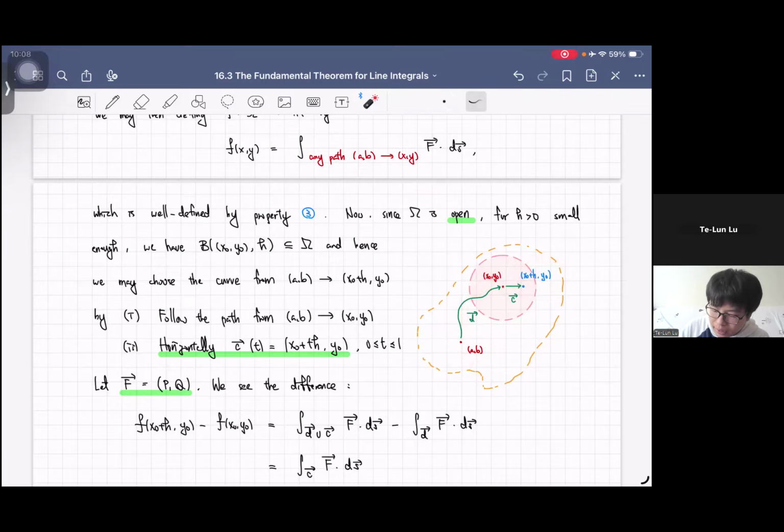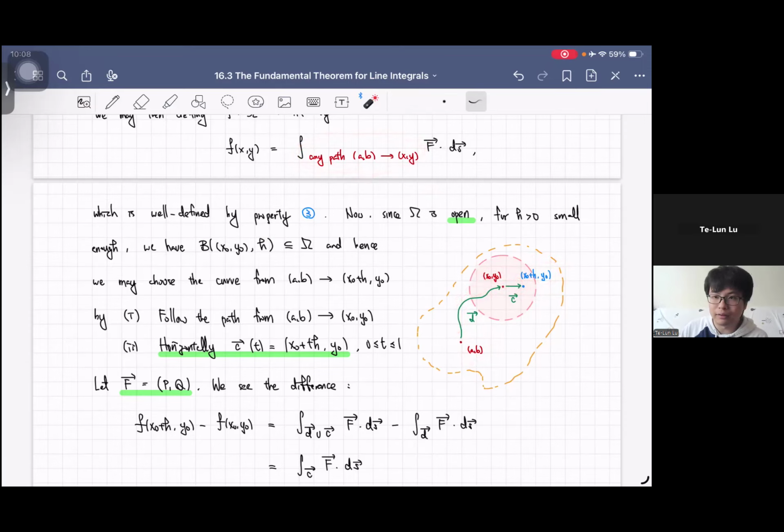C basically goes from (x0, y0) to (x0 plus h, y0) by increasing x0. It is a straight line. And as we said, the choice of path does not really matter. That is a very crucial point to mention. So now we choose the path like this.